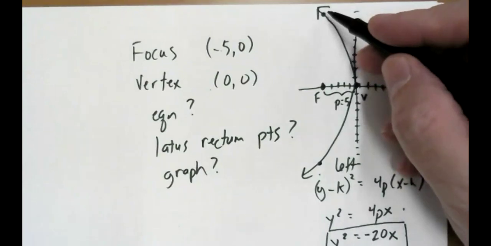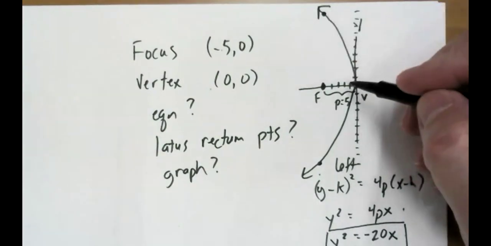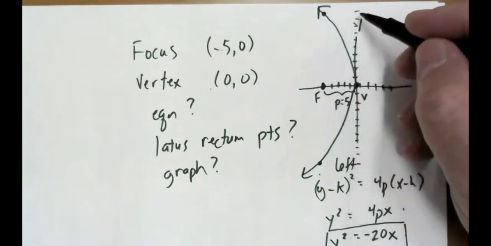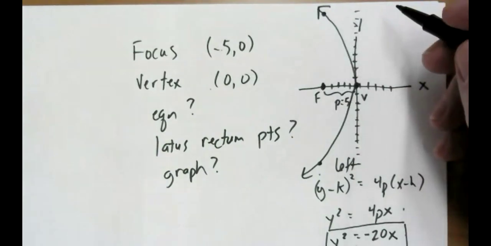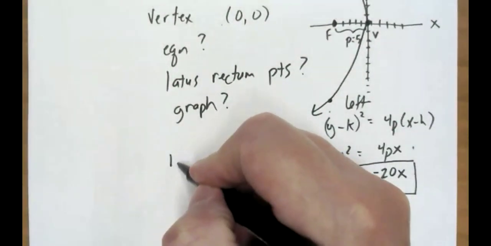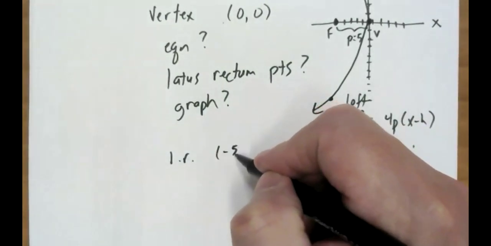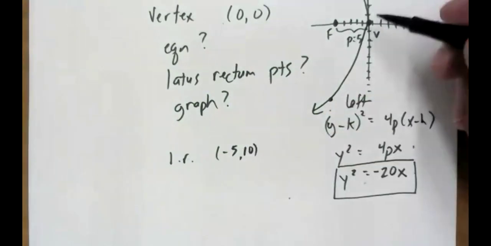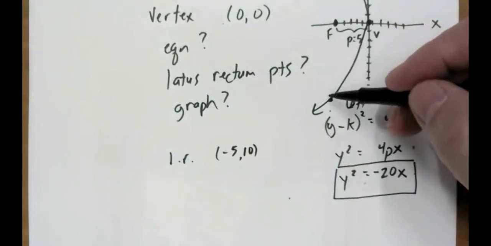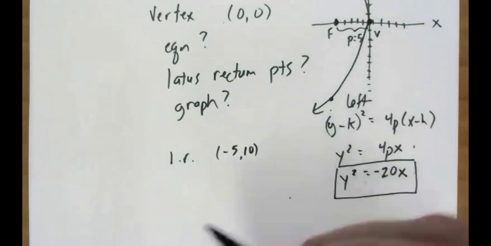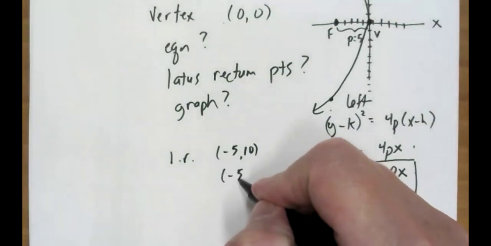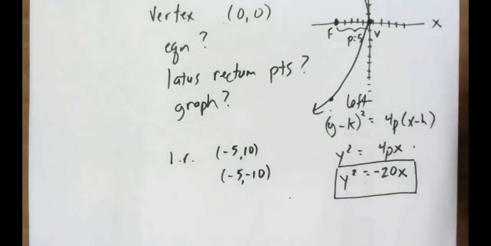So these 2 points is going to ask me for it. So this one, the x is -5. I moved 10. So the latus rectum points are going to be, the first one is -5, 10. And then -5, and then I went down 10. So -5, -10.